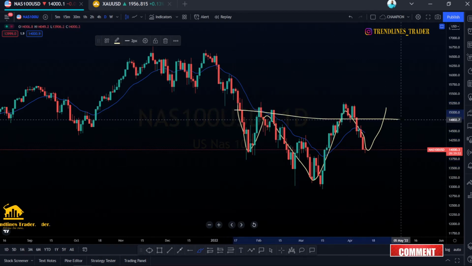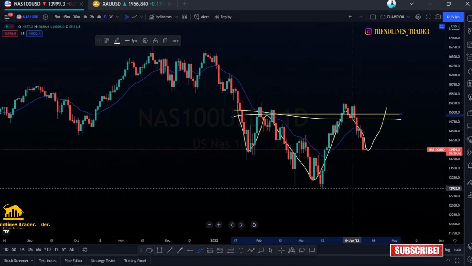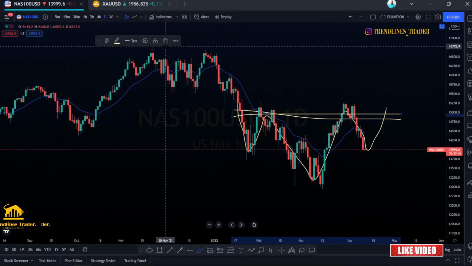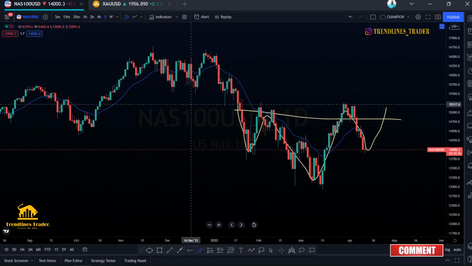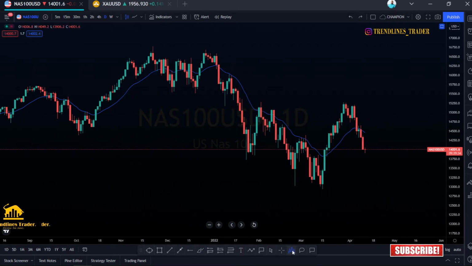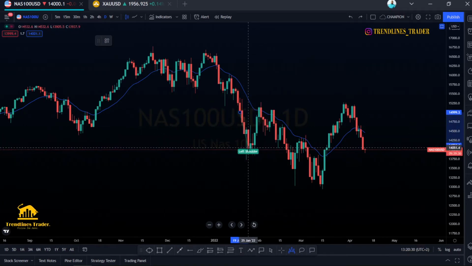Doesn't this look like what you call a head and shoulders, an inverted head and shoulders? I hope you guys do understand. It looks like an inverted head and shoulders. So look at this. If I use that tool right here, this is what is happening.